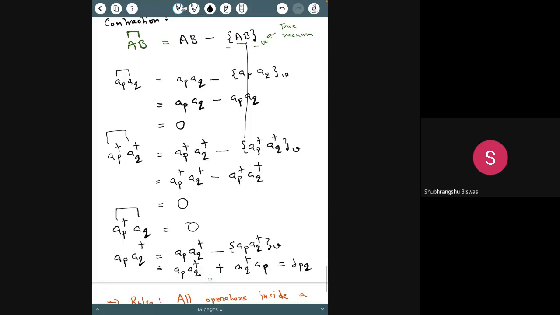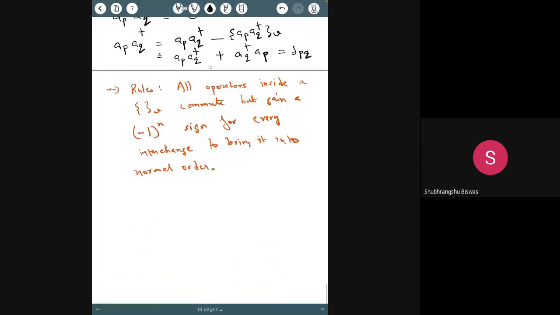If I want to define a contraction in terms of text, then a contraction is the expectation value of that string in the vacuum.